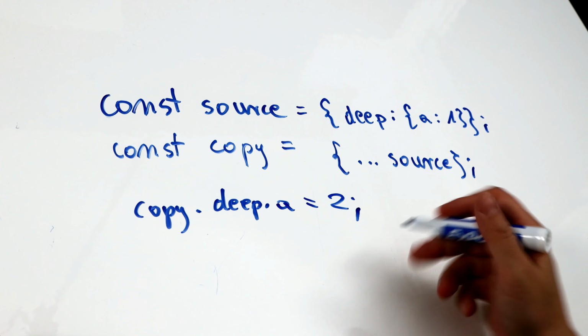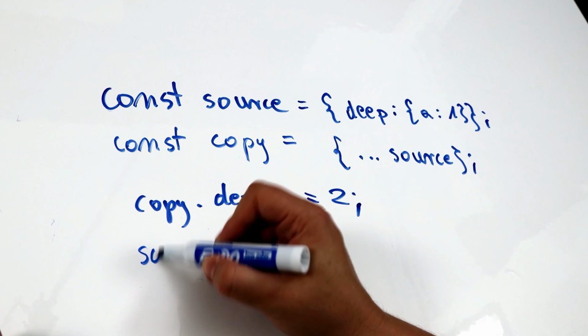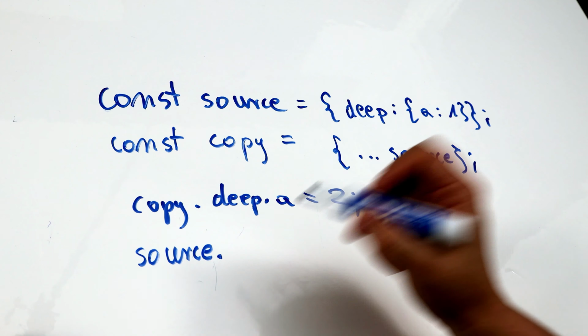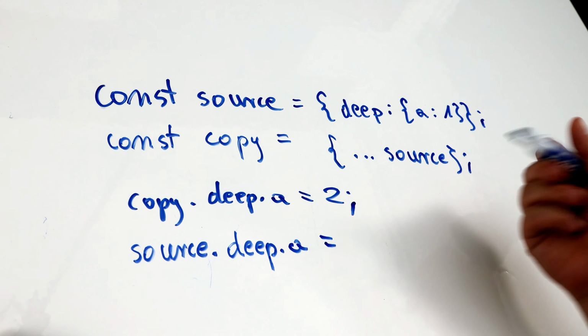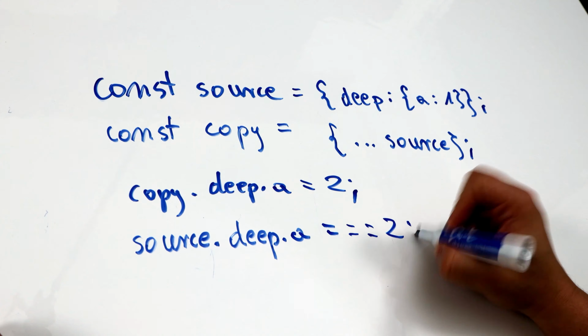Unfortunately, in this case, source.deep.a equals 2 as well. To create a deep copy of an object, you would have to use some other method that recursively creates a copy of an object or arrays. I won't be explaining this issue here, as this is a topic for an entire video.